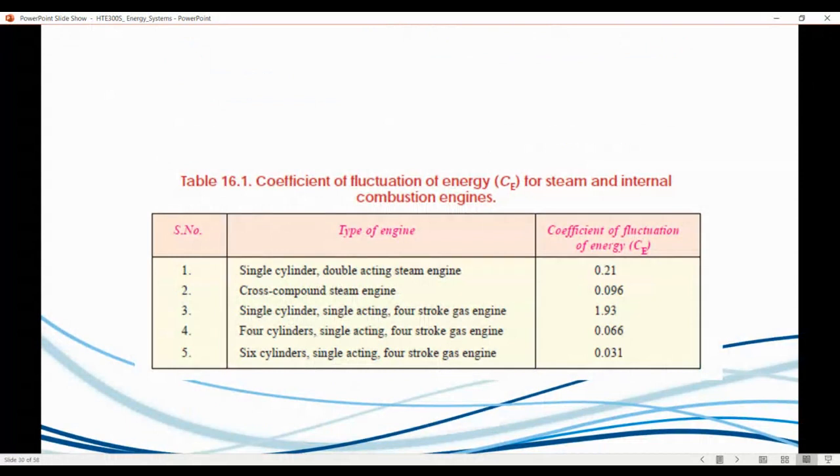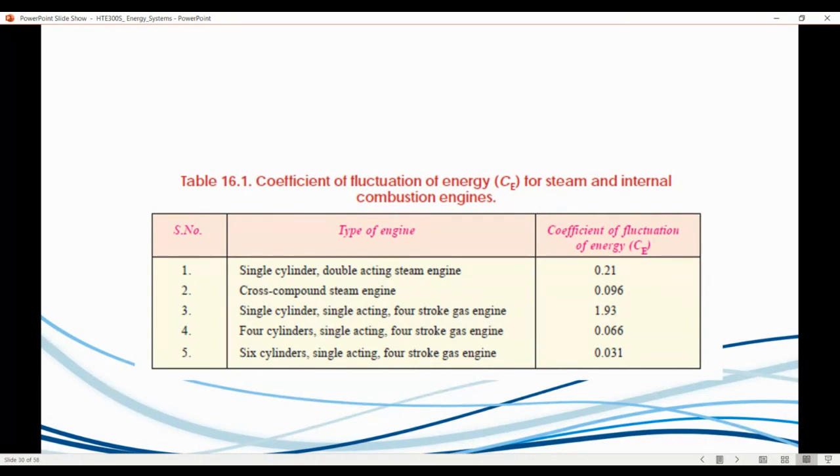What's important to note is that for different cylinders, there are acceptable design standards, acceptable values. When they design the engine and do the analysis and get the torque, they particularly want the engine to fluctuate between certain numbers. For a straight 4-cylinder single acting 4-stroke gas engine, the coefficient shouldn't be more than 0.066.